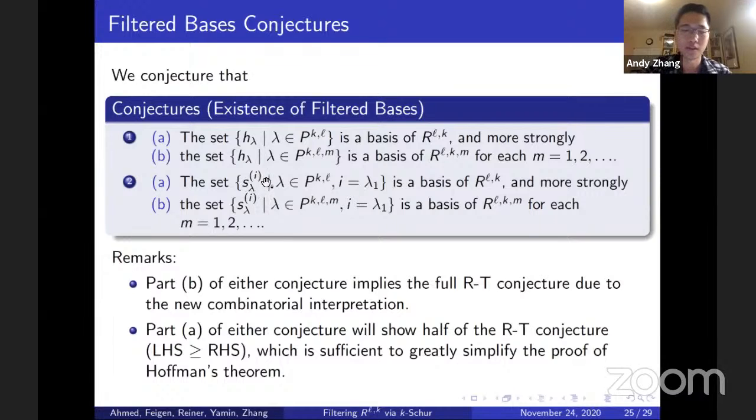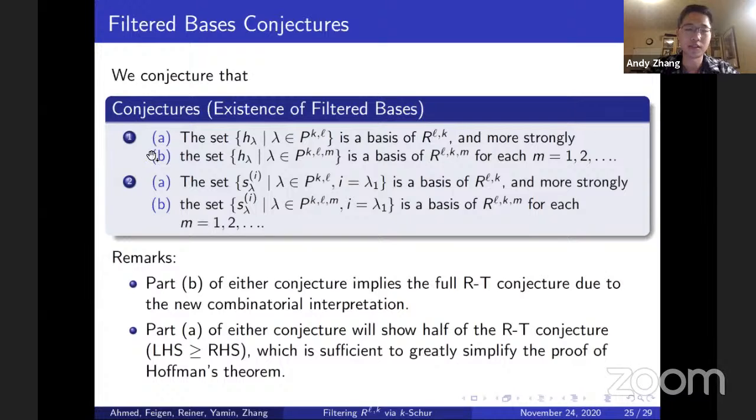So the k-Schur function will depend on the partition. And this also enjoys the property that if you start with a partition lambda which is m-bounded, the element it's indexing will be inside the M subalgebra.